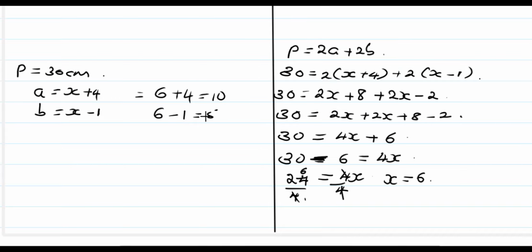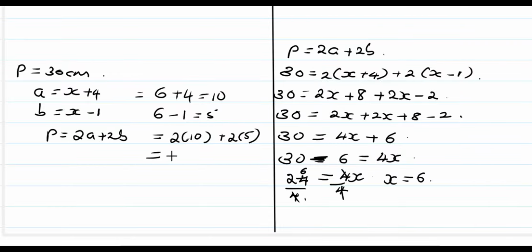I think 6 minus 1 is 5, but we already know the perimeter is given by 2a plus 2b, and a now is 10, then plus 2 and b is 5, like that.